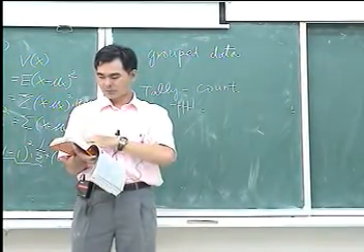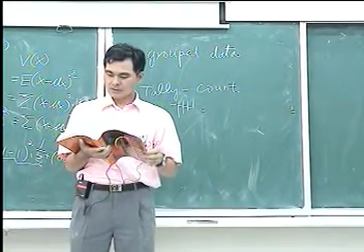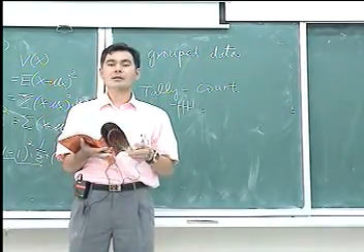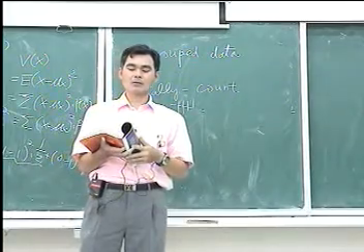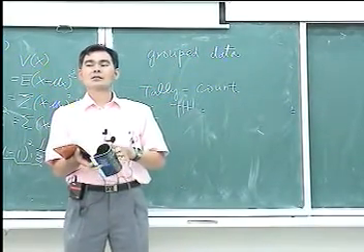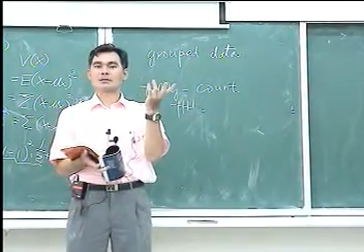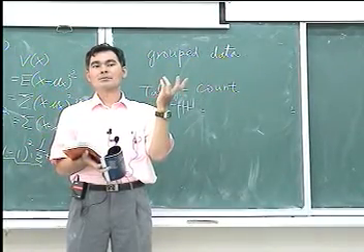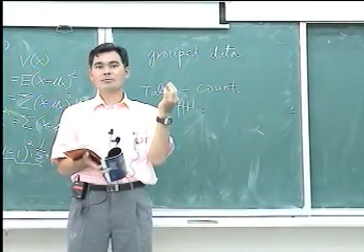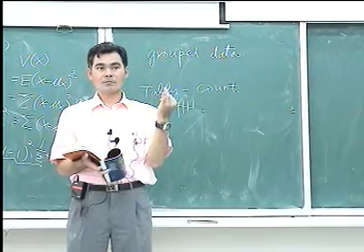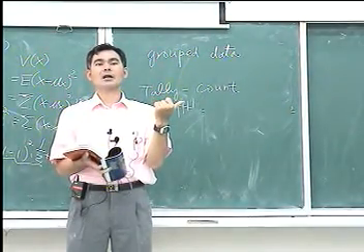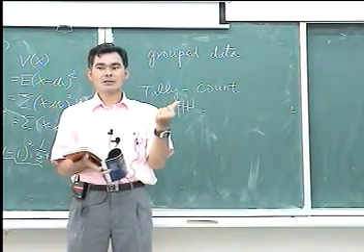Now let's get to chapter 3. That's describing the data. In this case, we are talking about central tendency. For central tendency, we have mean, median, and mode. And also for mean, we have trimmed mean.